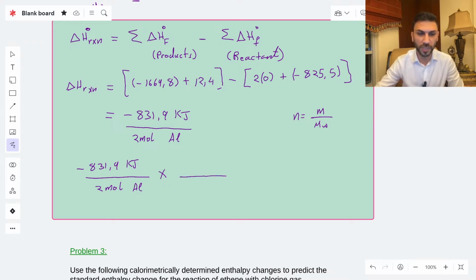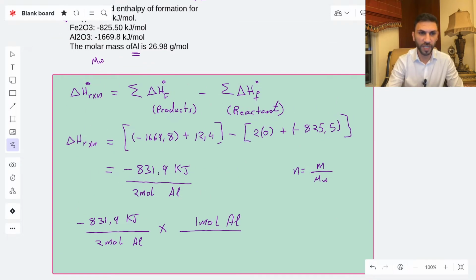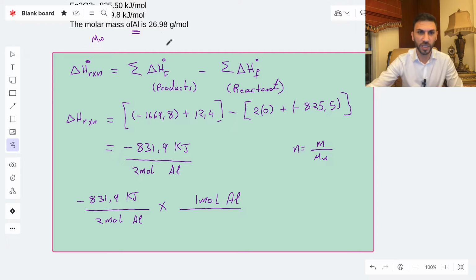So I'm going to write here 1 mole of Al divided by the molar mass of Al, which is 26.98 grams of Al.